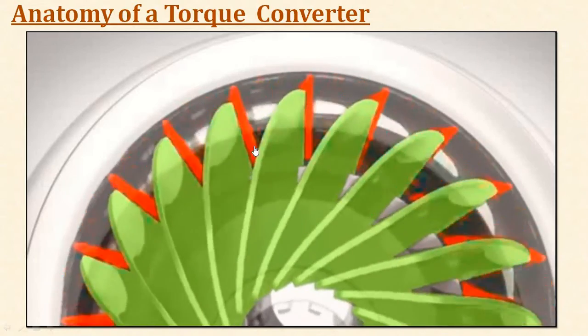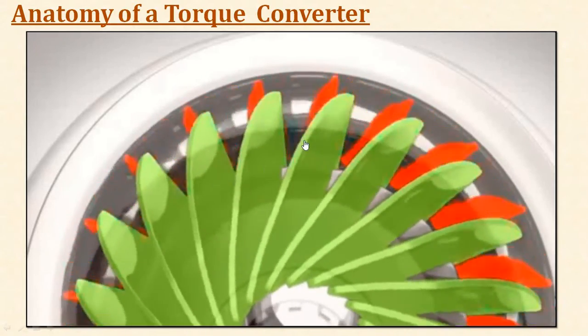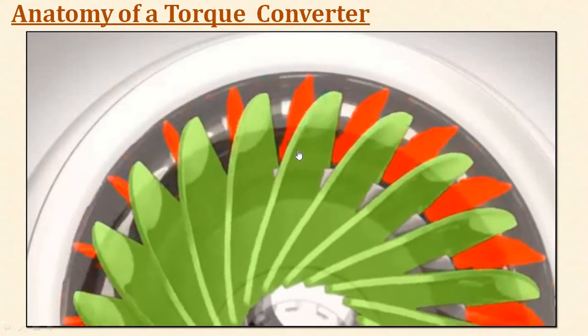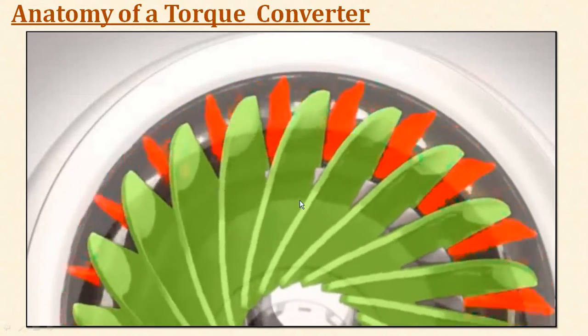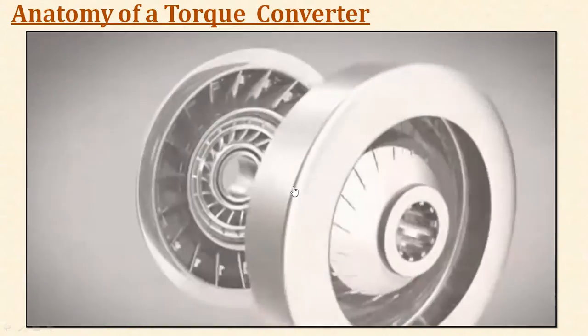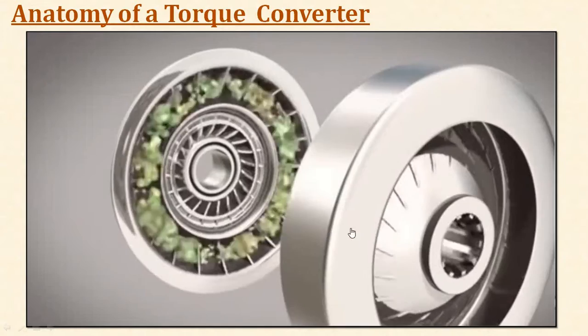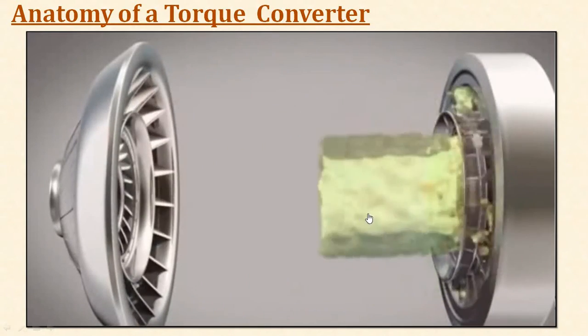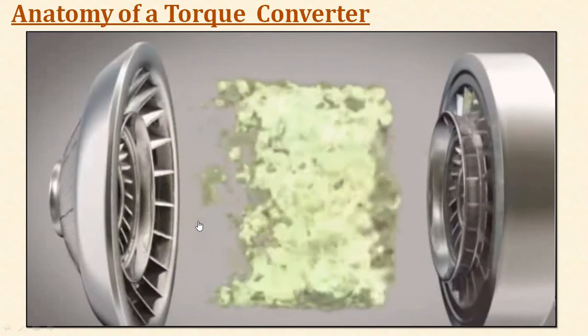These blades take the fluid from the impeller through the stator, which gives the fluid of specific viscosity and rotates the turbine blades and transfers the motion.